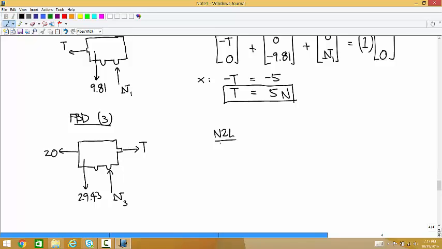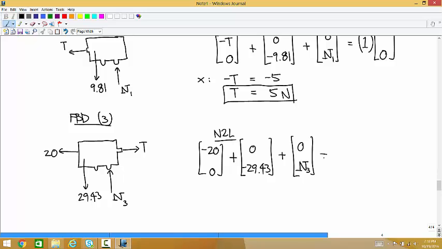Newton's second law says negative 20, 0, plus 0, negative 29.43, plus 0, N3, plus positive T, 0, is equal to 3 times negative 5, 0.